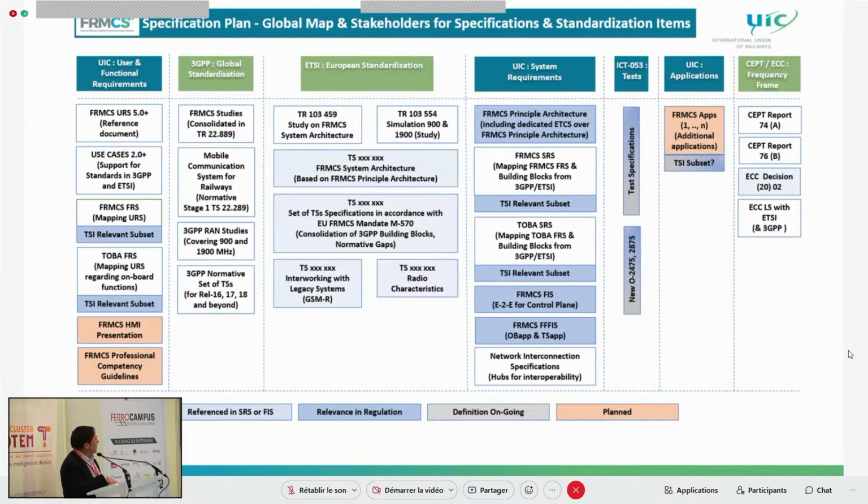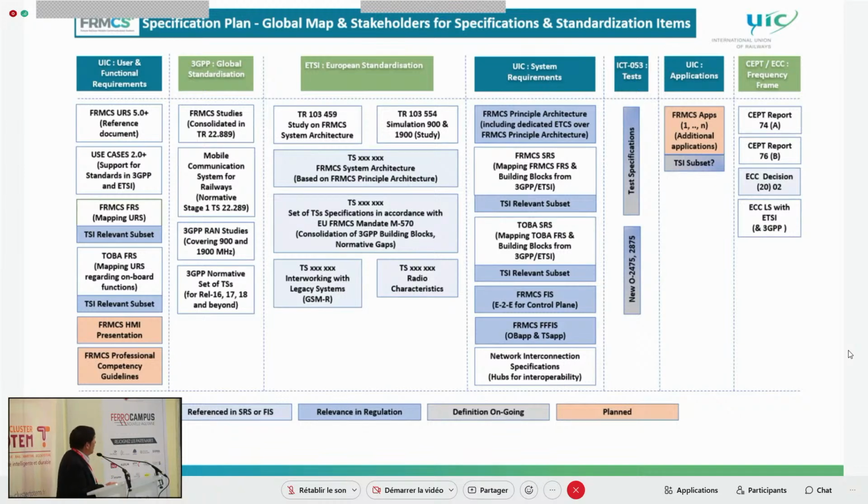So I'm sorry, we are with our partner from Cenelec today, but this one is more on ETSI, which is another important standardization organism in Europe, as you know. And you have here the global list of specifications of the future FRMCS, which is starting to be not so future, so maybe we need to change the name, the F, because in some time it will not be future anymore, it will be existing.